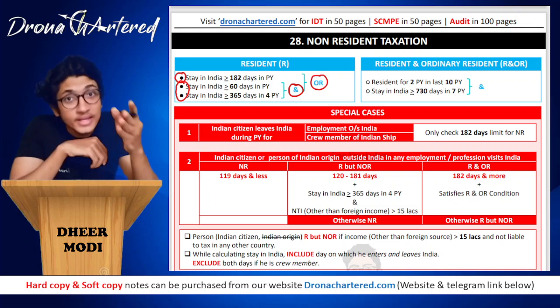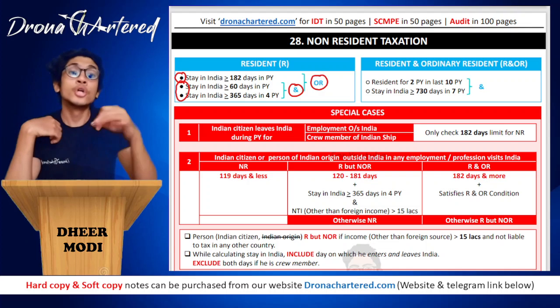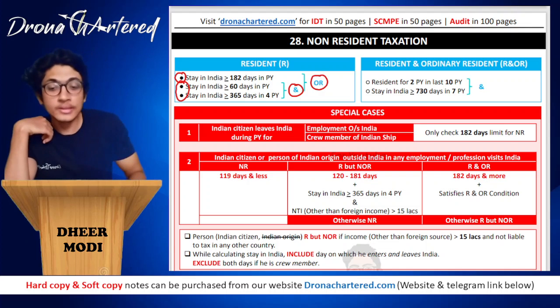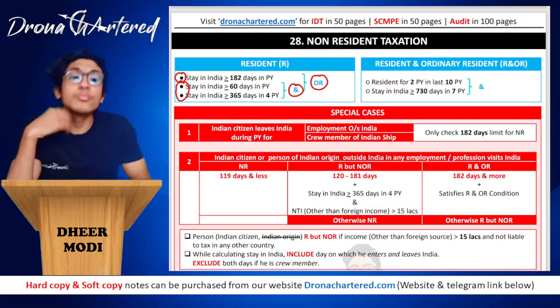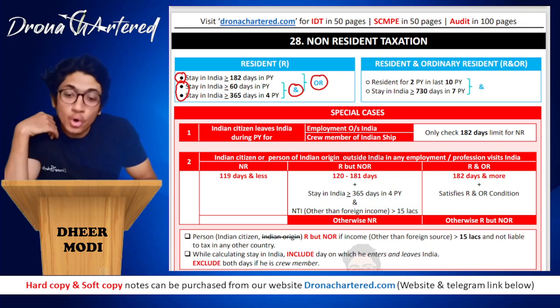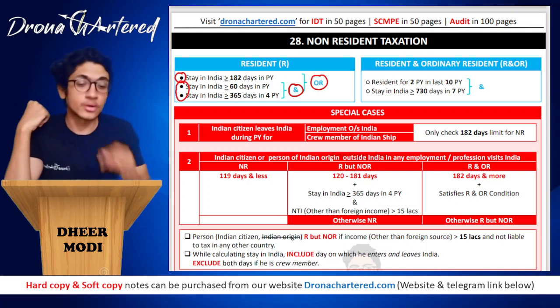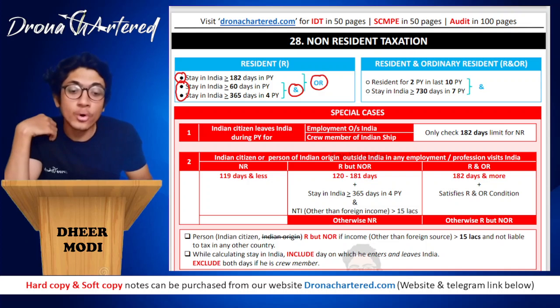Condition number three is stay in India in the 4 previous years should be equal to or more than 365 days. Only if both of these conditions are satisfied will you be treated as a resident. So either satisfy only condition 1 or satisfy conditions 2 and 3 both, then you will be treated as a resident.